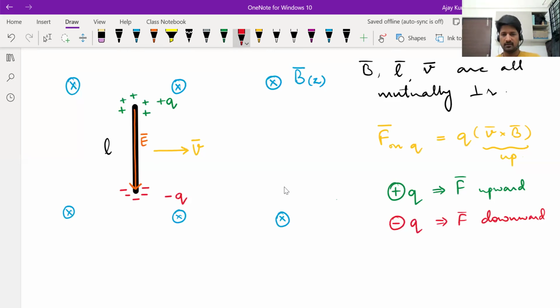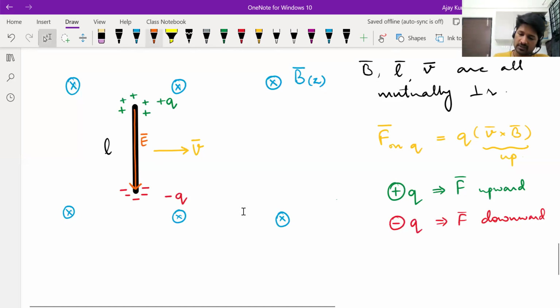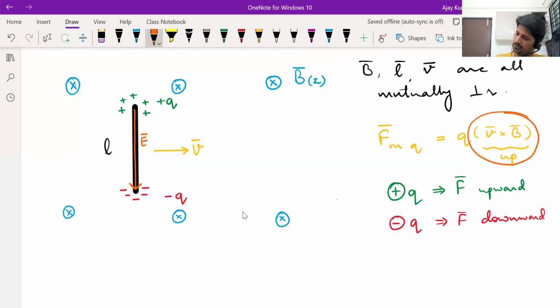Again, I would like to remind you that we took a convenient case here. Magnetic field was into the screen, velocity was in the x direction, and length was in the y direction. Charge separation happens in the y direction only, because force acts along the direction of V cross B or exactly opposite to it.